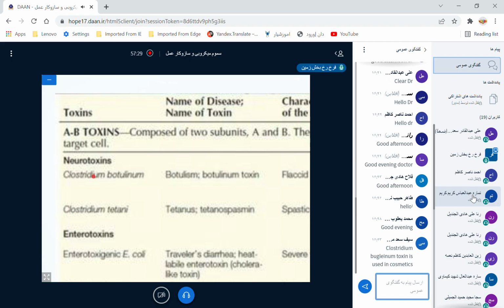Like Clostridium botulinum, which causes botulism. What is the name of the toxin? Botulinum toxin.